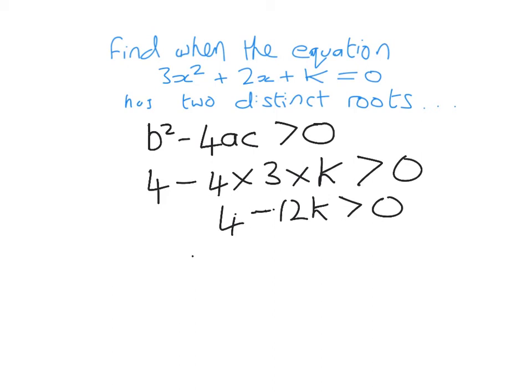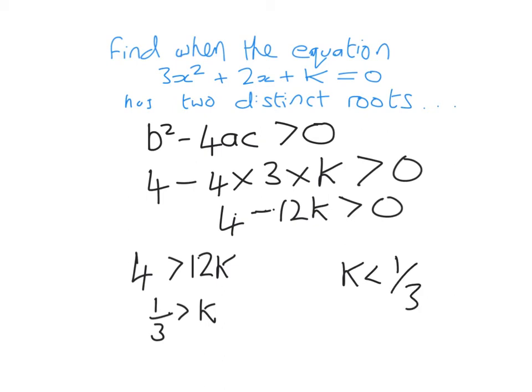So let's say 12k must be less than 4. So k must be less than 4 over 12, which is 1 over 3. So I know when k is less than 1 over 3, this equation has two distinct roots.